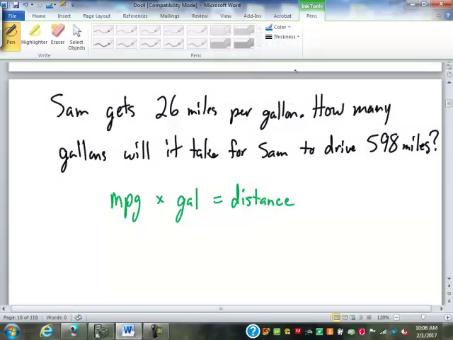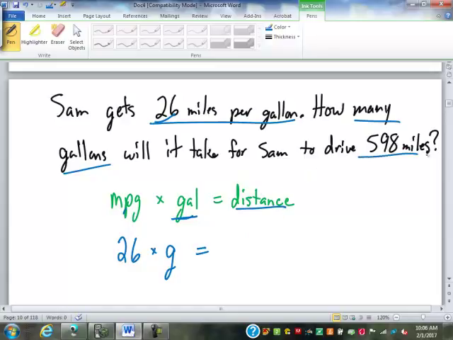So here, do we know the MPG? Yeah, 26 miles per gallon, right? Do we know the number of gallons? No, how many gallons? That's what we're looking for. So I'm going to just call that G. Start using a variable instead of a whole word. We better know the distance because we can only have one variable, right? Distance is 598.